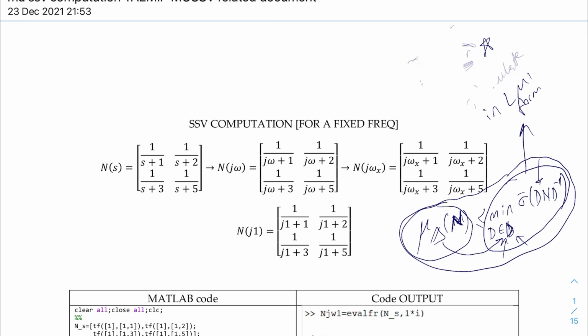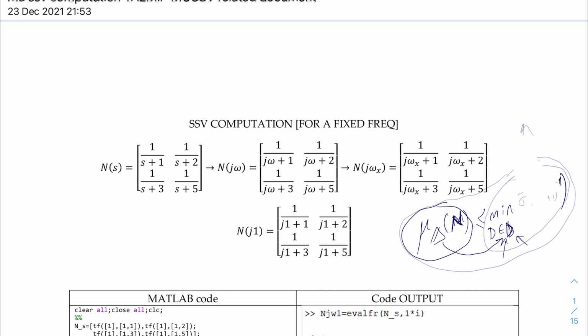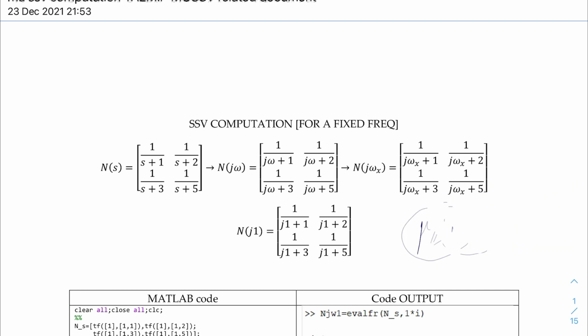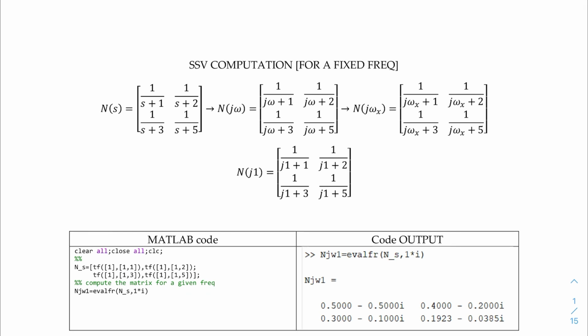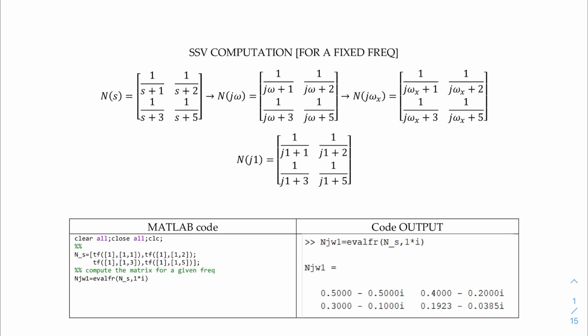In the previous video we did it, and we also checked the Matlab codes to do that. Now we are going to do the exact same things, just by using Yalmip. That's the first thing we saw in the previous video. Again, we have a 2 by 2 transfer function matrix, and for a given frequency, 1 radian per second for example, we have that.